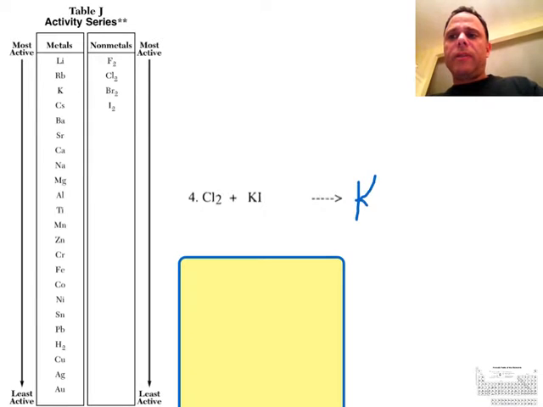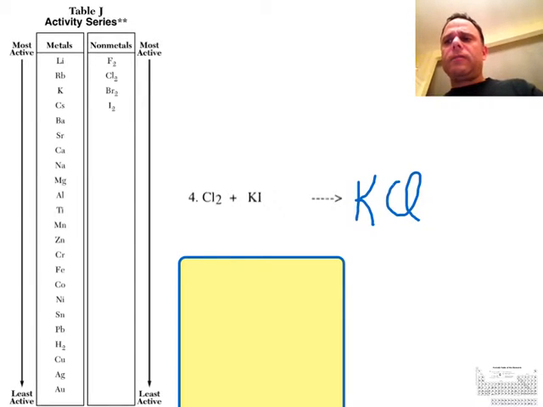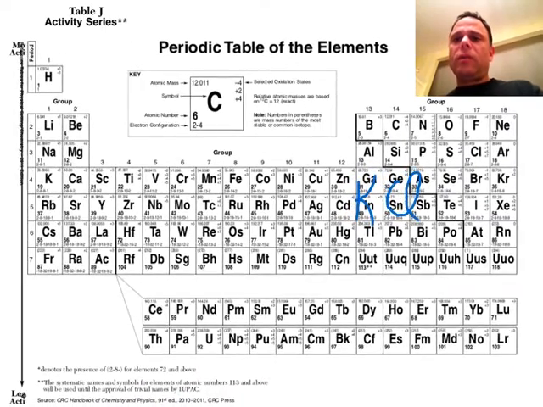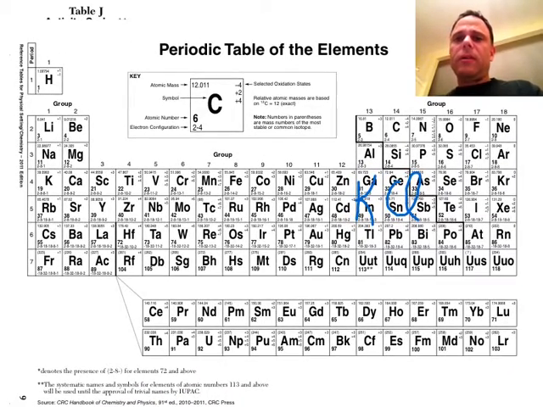So we have potassium chloride. And, well, first of all, should it combine with 1 potassium to 1 chlorine? In order to understand that, let's quickly take a look at them. Potassium is right here with a +1.